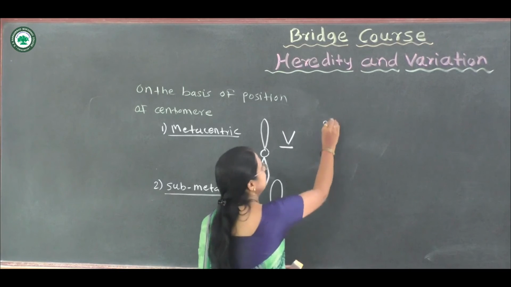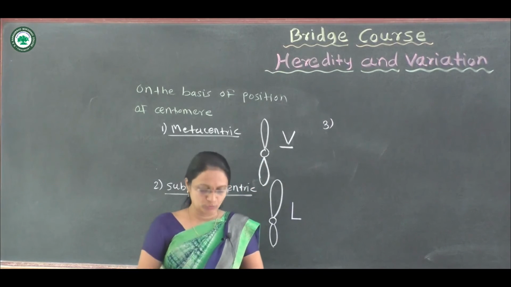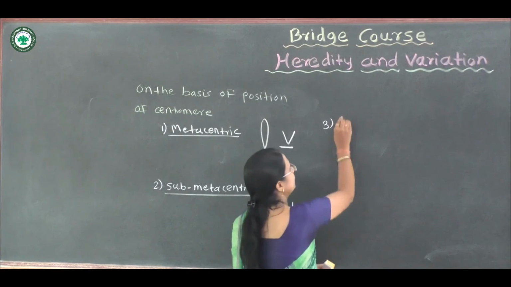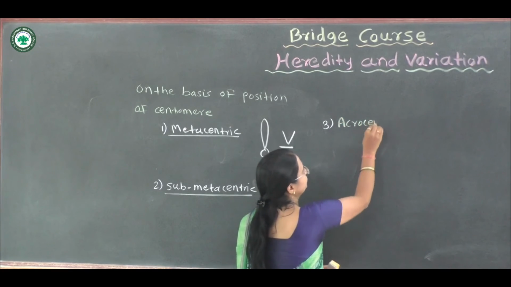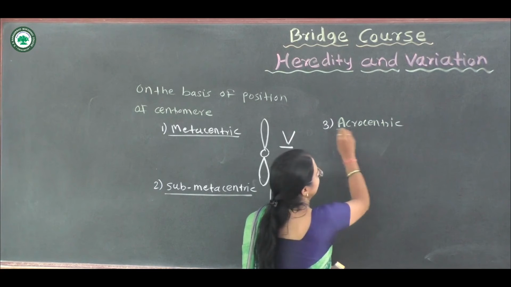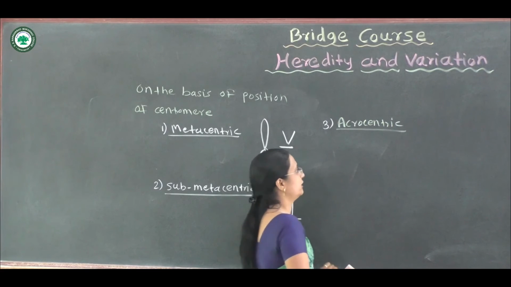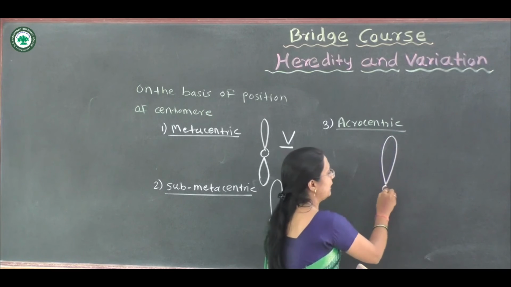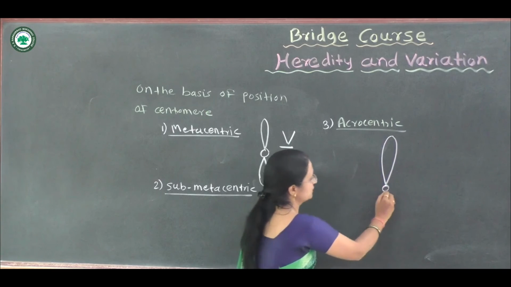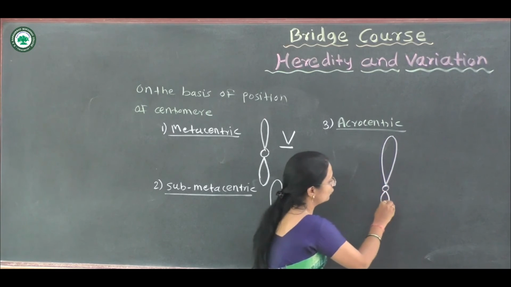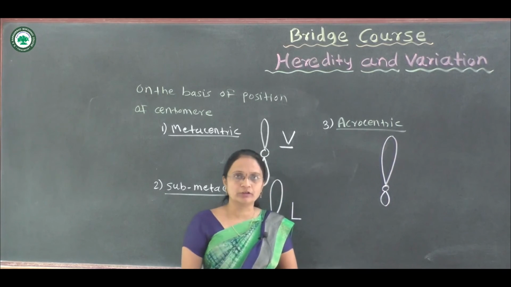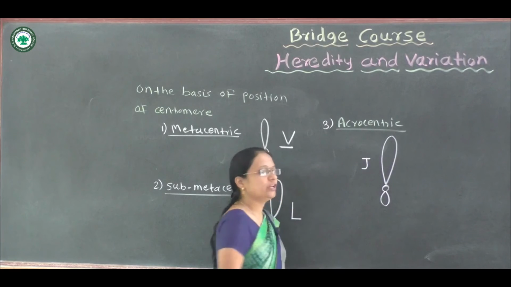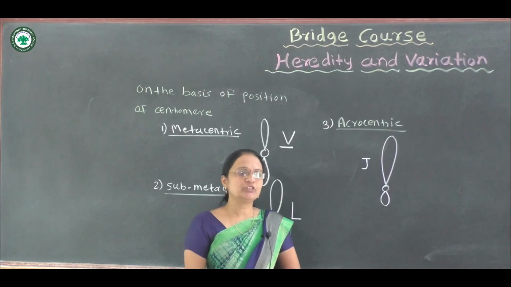Now come to the third type of chromosome on the basis of centromere position, that is the acrocentric chromosome. In the acrocentric chromosome, again one arm is very long, and as compared to submetacentric, the second arm is very short, and it appears as a J shape, a capital J shape structure.